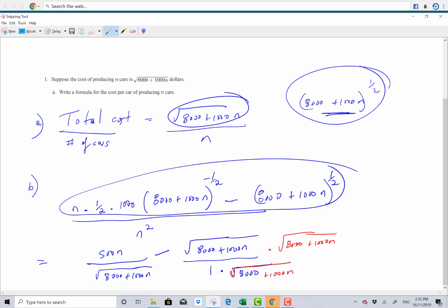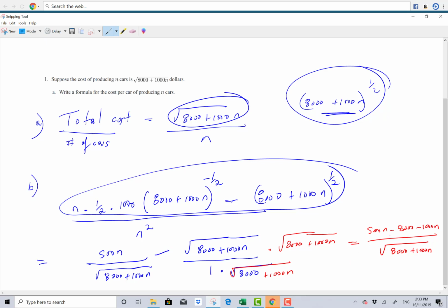Multiplying this, I'm going to get 500 n. Multiplying these two, I'm going to get minus 8,000 minus 1,000 n, divided by the square root of 8,000 plus 1,000 n. So that's my denominator.